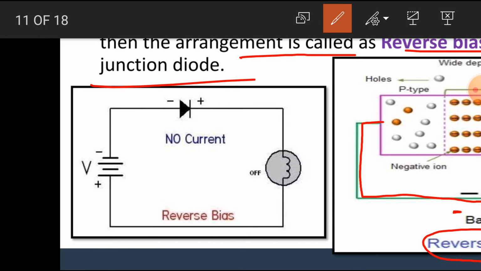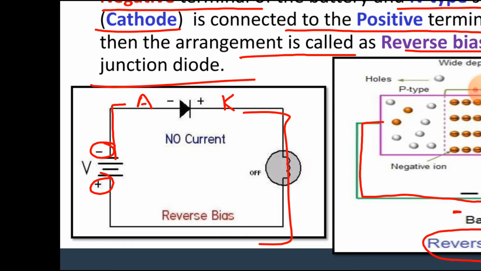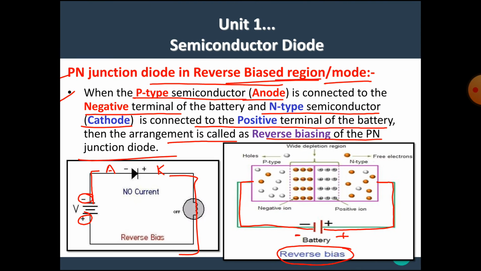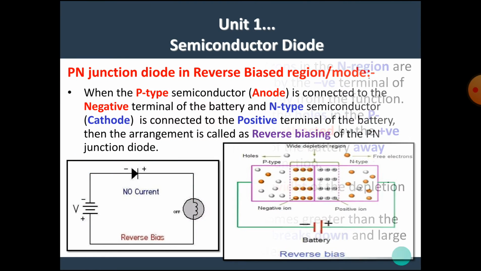We know that the ring side is the cathode and the other side is the anode. The anode is connected with the negative terminal of the battery and the cathode is connected with the positive terminal of the battery. Such an arrangement is called the p-n junction diode in reverse bias mode.